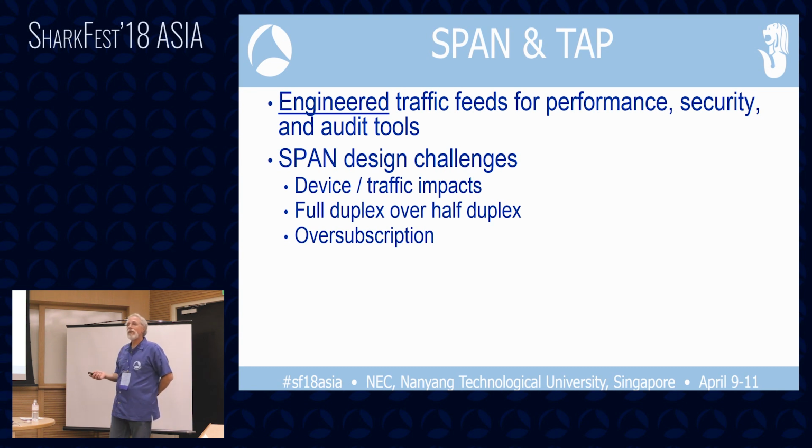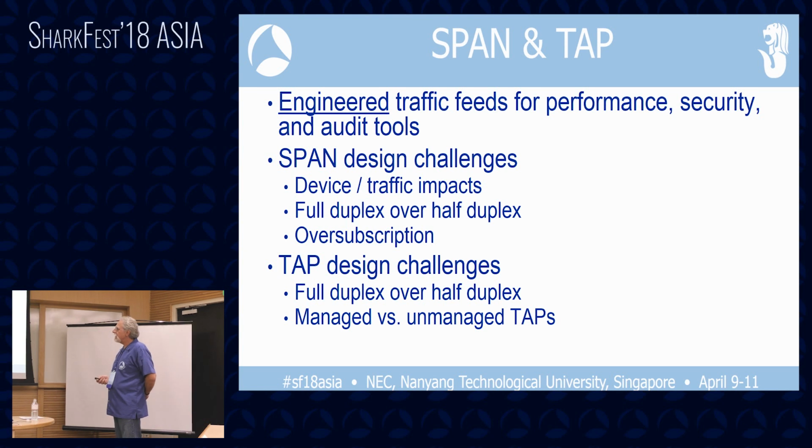Hopefully, if it's done right, there is no impact to existing traffic. But I have seen cases where you turn span on and it crashed the switch. Not what was expected, right? Full duplex over half duplex and oversubscription are some challenges. And for tap design, same issue, full duplex over half, and then managed versus unmanaged taps. There are some taps that are very basic.